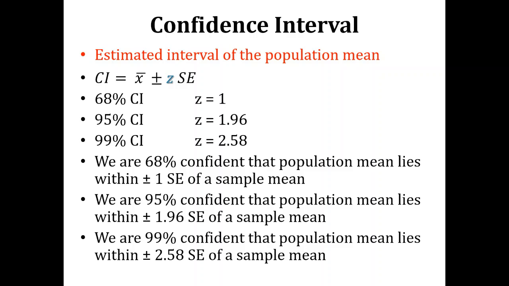If we take the z-score of 1.96 standard errors, then we are 95% confident that the population mean lies within plus minus 1.96 standard errors of the sample mean. So we are extending our interval, right? And if we want to further increase our confidence level, we need to further extend it by plus minus 2.58 standard errors.